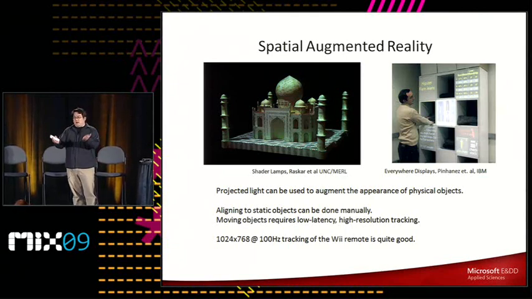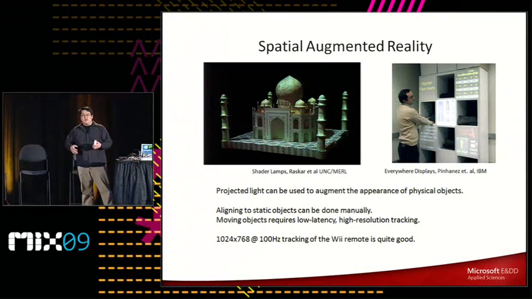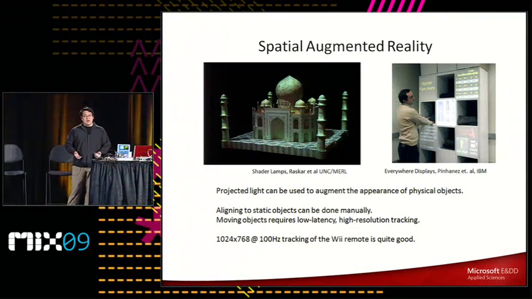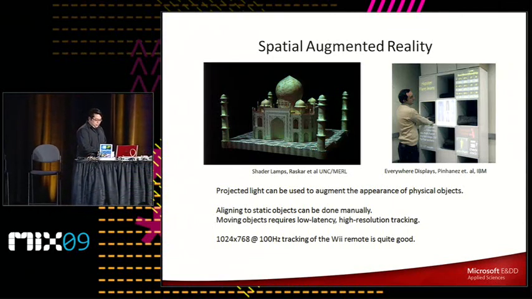Doing this for static objects sitting still with a projector sitting still can be done with a graduate student calibrating it for about 30 minutes. But to actually do this in any real-world scenario requires relatively high precision tracking technology. And the Wiimote camera is not bad, at least for the price.